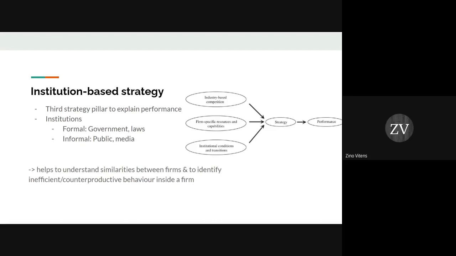For example, there are formal and informal institutions. Formal are government and laws, for example, and informal are public and media. And these are influencing the way you do business and how you perform in general. So the institution-based strategy helps you to understand similarities between firms and to identify inefficient behavior inside of a firm.